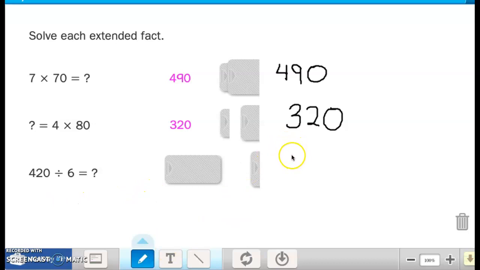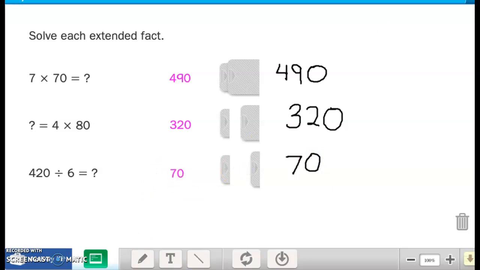If you don't know, you need to be working on those multiplication facts and drilling yourself. Get those math flashcards, the multiplication flashcards, and go over them and over them. Okay, 7 times 6 is 42, and there's 1 0, so we're going to add a 0, and let's check our work.